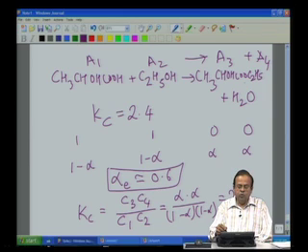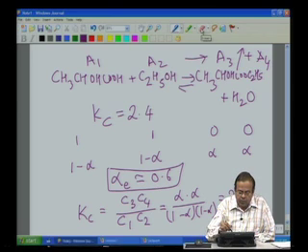If I remove this ethyl lactate, what will happen? The reaction will go from lactic acid and ethanol to ethyl lactate, but ethyl lactate has been removed from the system. So, this reaction will continuously keep going from left hand side to right hand side, because equilibrium will not be reached now, as we are continuously removing it.